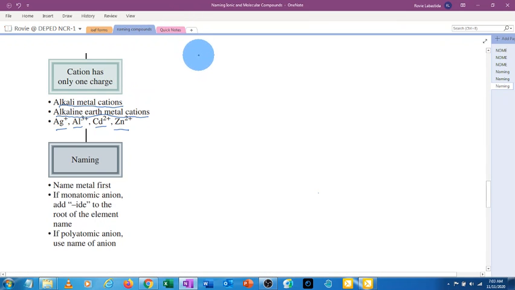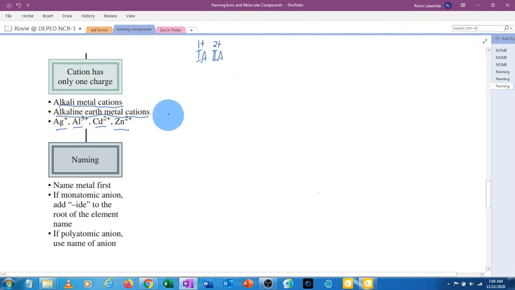Alright, so therefore, if the metal is found in group 1A, the possible charge is only one positive. If the metal is found in group 2A, the possible charge is only two positive.